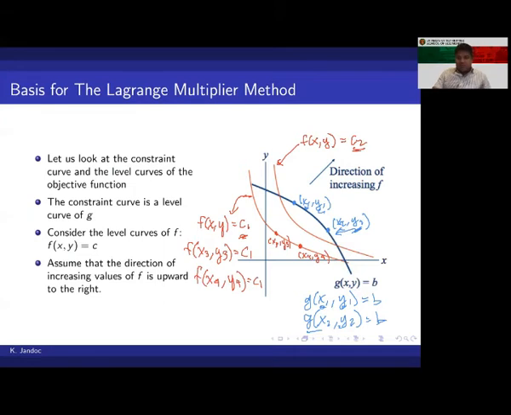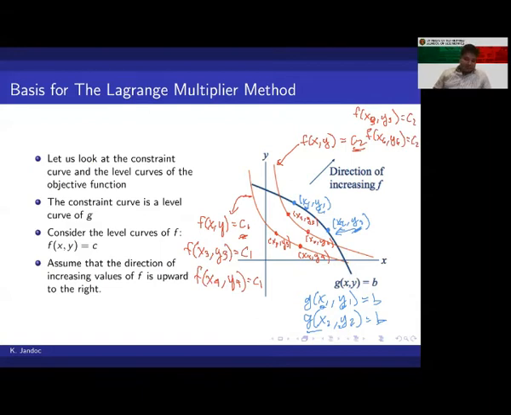In the same manner, for combinations x5, y5 and x6, y6 over here, f of x5, y5 will spit out C2, and f of x6, y6 will also spit out C2.